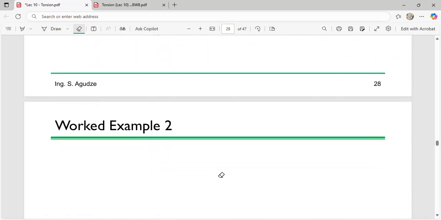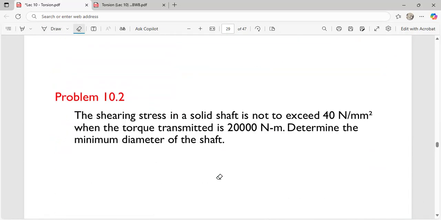So let's quickly look at example two. For that one, we will be solving it systematically ourselves so that at least we can see how that can also be applied in real life.